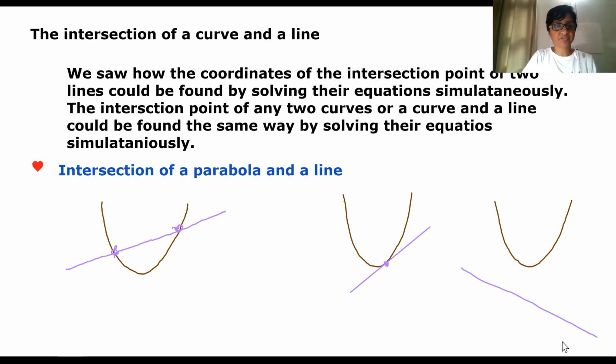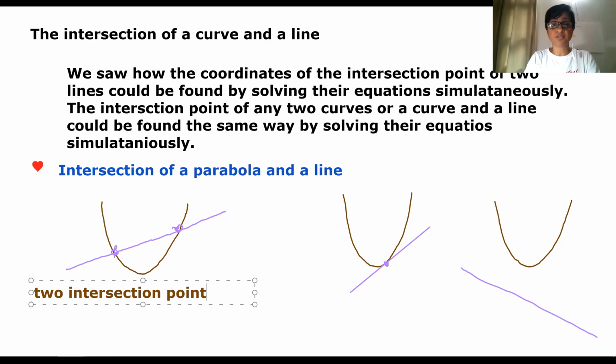Right, so the three cases of the intersection of a parabola and a line are, you can be having like this, the parabola and the line cutting at two intersection points. I hope you're writing with me. Two intersection points means when you solve your equations, you get two pairs of coordinates.